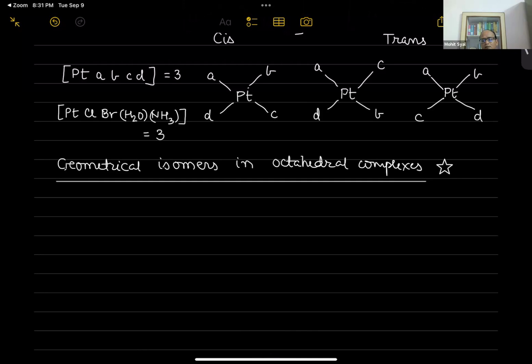First of all, I would like to show you which positions to be considered as cis and which positions to be considered as trans. And that is very simple. Suppose I take these two positions, are they cis or trans? The two positions which are marked by circles.